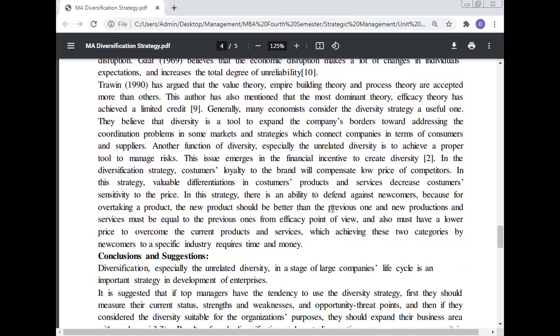There is also an ability to defend against newcomers, because to overtake a product, the new product should be better than the previous one, must be equal to the previous ones from the efficiency point of view, and also must have a lower price to overcome the current products and services. Achieving these two categories requires time and money for newcomers to a specific industry.